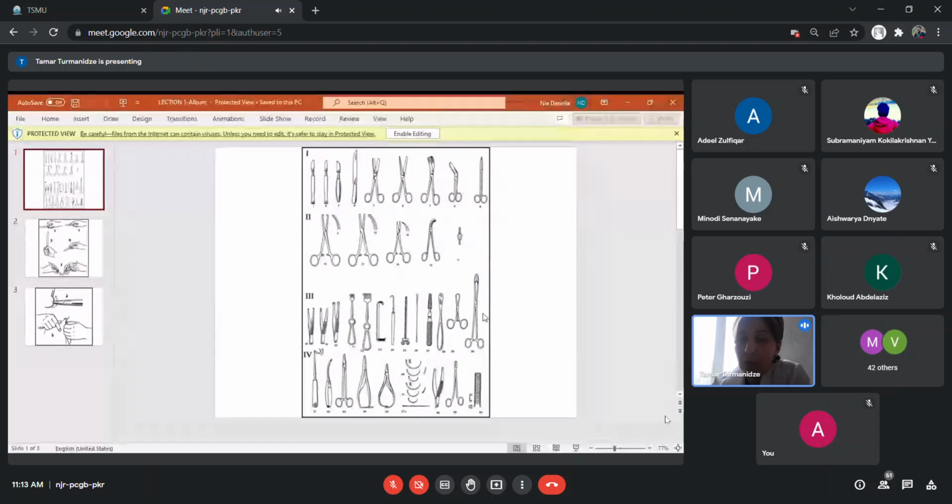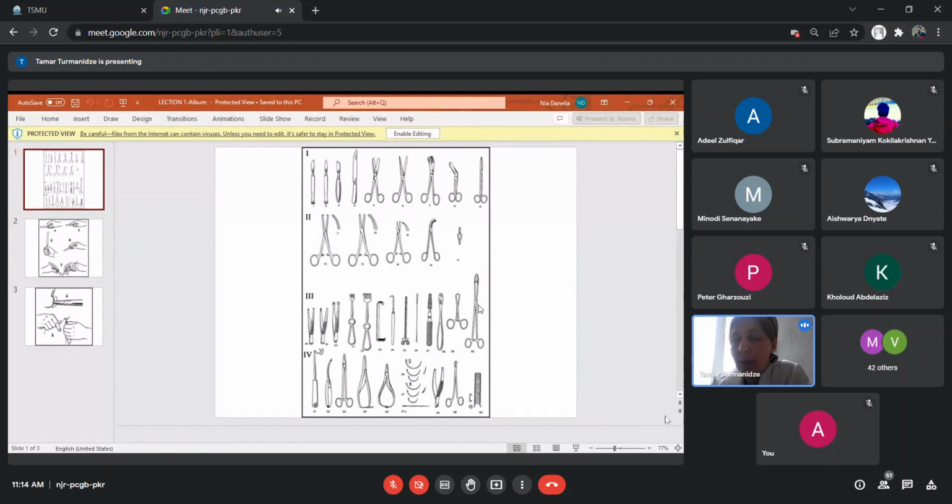This is Korsakov, which has long branches. It is used for cleaning the operational area. The skin of the area must be cleaned well with antiseptic solution before dissection of the tissues starts.